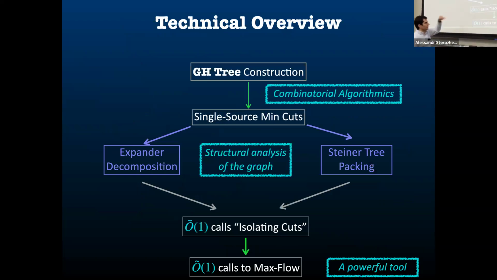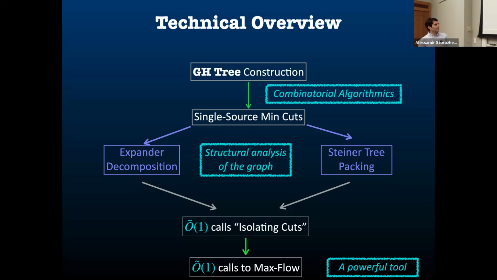So if I want to put everything into one technical overview picture, we started with the goal of computing Gomory-Hu trees, and at the end of the day, we reduced it to computing max flows, with polylog overhead of max flows, and this is our powerful tool. Along the way, there were two algorithmic pieces: this reduction to single source, and then this isolating cut step, which reduces to O(log n) max flows by some dividing factor.